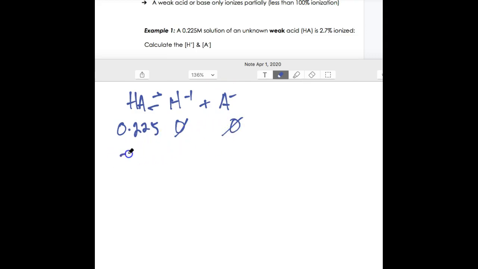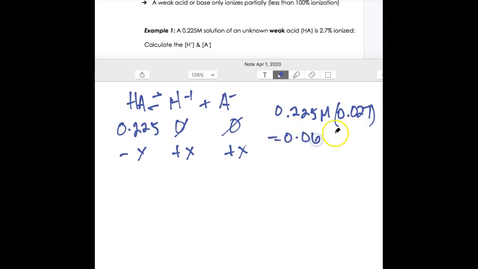But what it does say is that we're going to end up ionizing a certain percentage of this. So if you multiply the 0.225 molar solution by this percentage in the form of a decimal, it's going to tell you how much is going to dissolve, how much of it is going to be in its ion form.